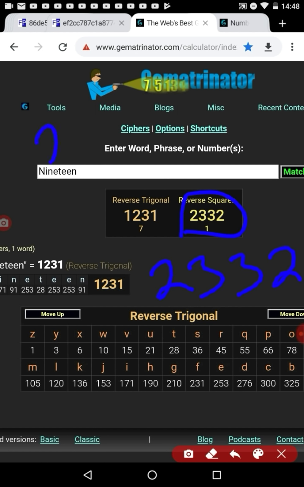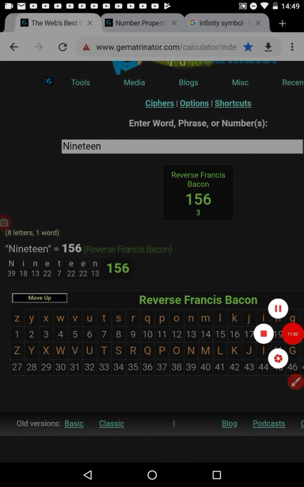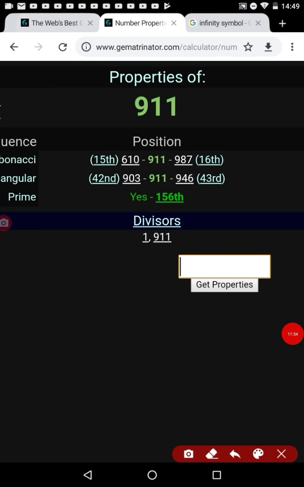That's the 22 as well, tarot paths of this Kabbalah spheres, 10 of them, add it together, 32. 19 as well, in reverse Bacon, is 156. That's where we get your 911 connection. 156th prime is 911.